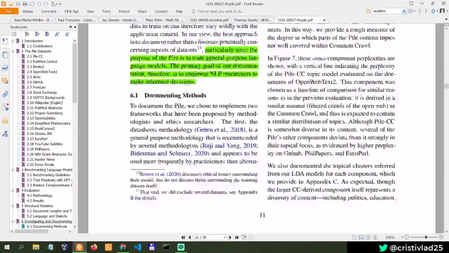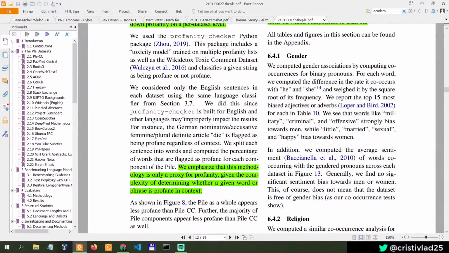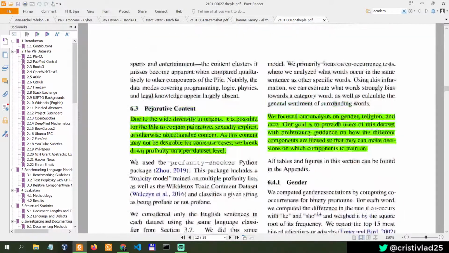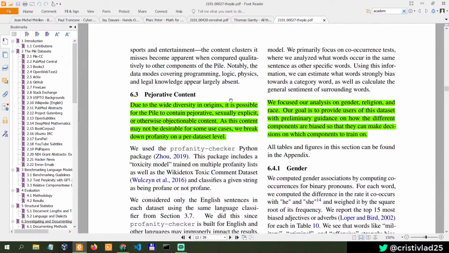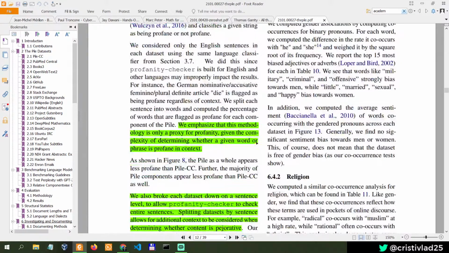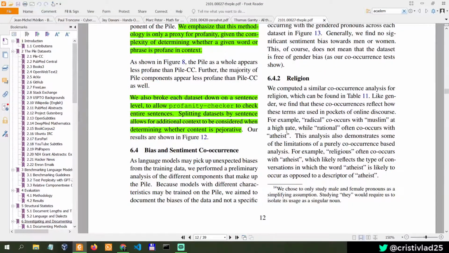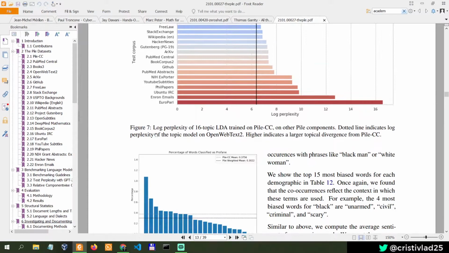And I think they also provide insight, and of course they talk about pejorative content like a profanity checker. They talk about bias when it comes to gender, religion, and politics, I guess, which is really important, but I'm not going to go into it. But they do go into it because this is really important.